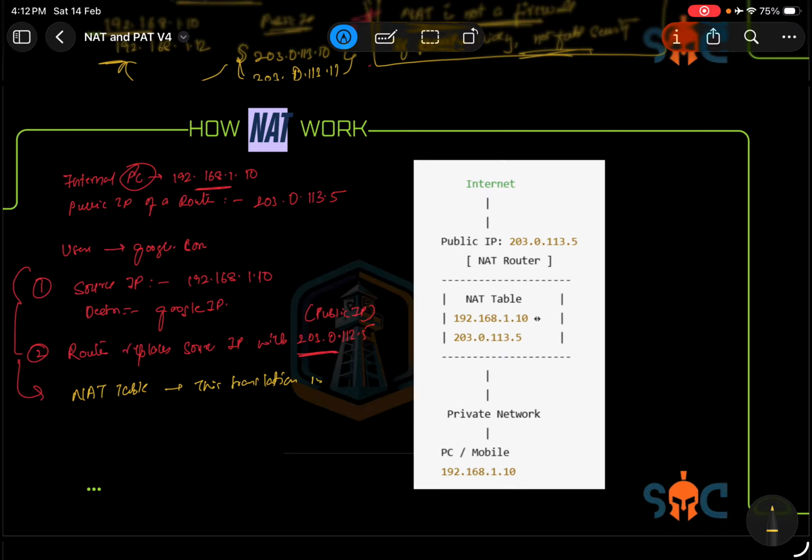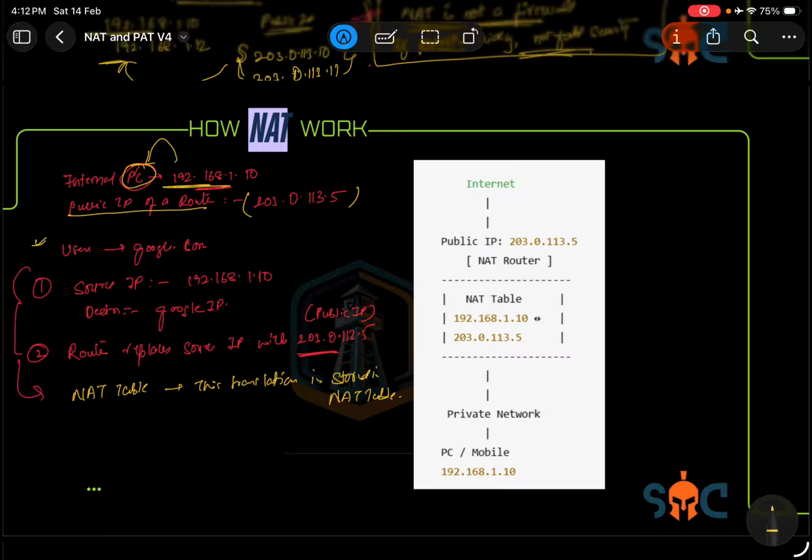This translation is stored in the NAT table. So the internal IP is this one, which is being assigned to the PC. The public IP of the router is this one.